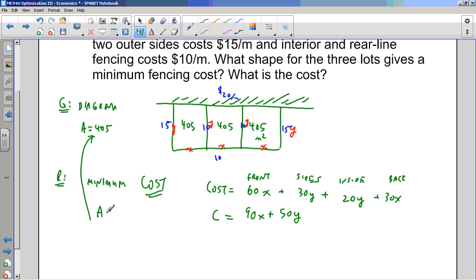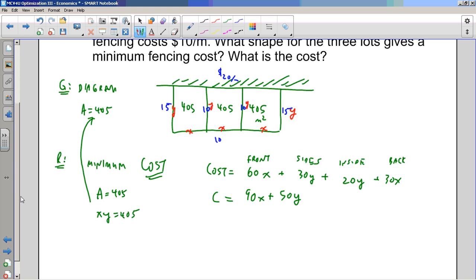So the area here is 405, but I also know that X times Y is 405. So X times Y is 405, and I can solve for one of them and then substitute it in. I'll only have one independent variable, and off to the races I will go.